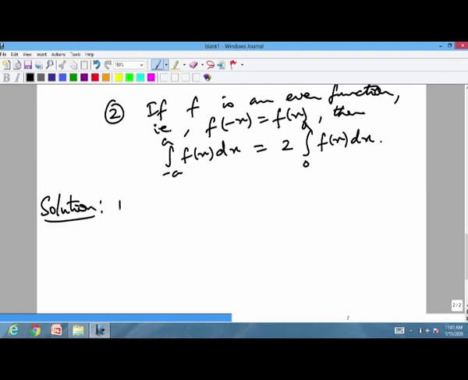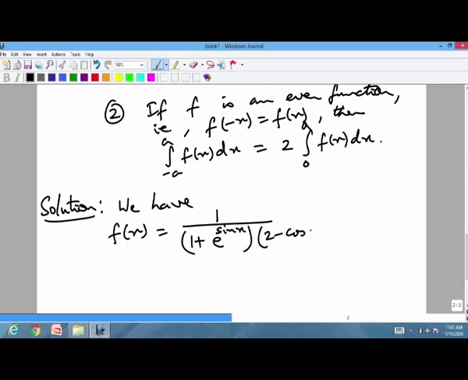So, we have f of x is equal to 1 over 1 plus e to the sin x times 2 minus cos 2x.